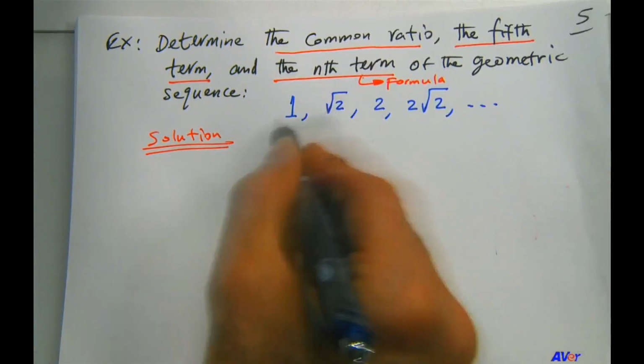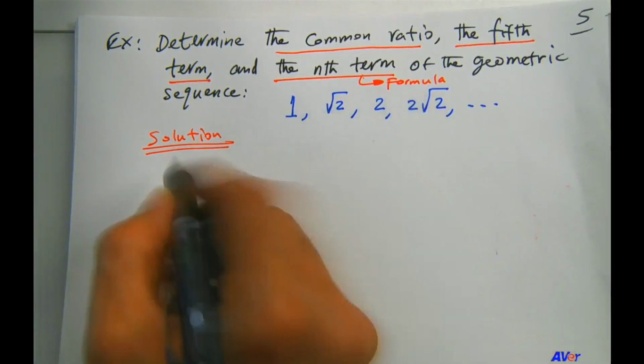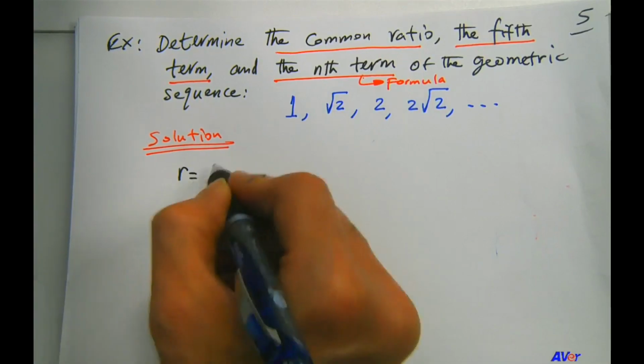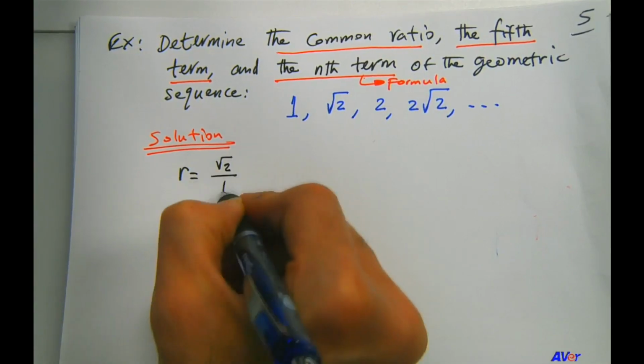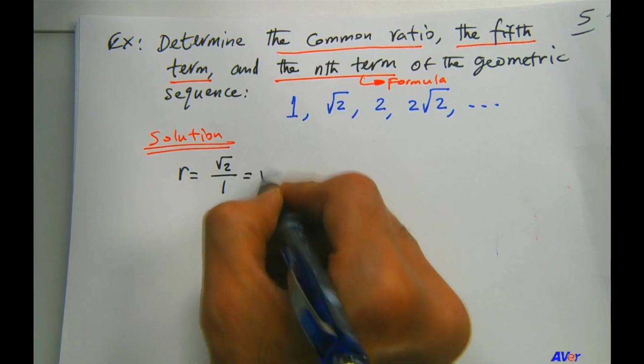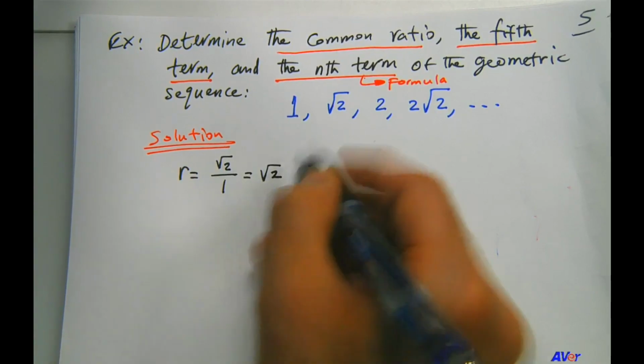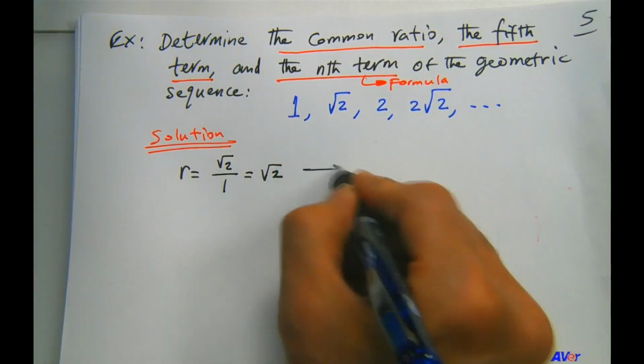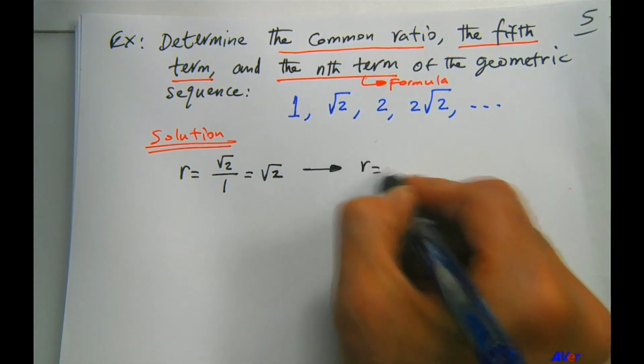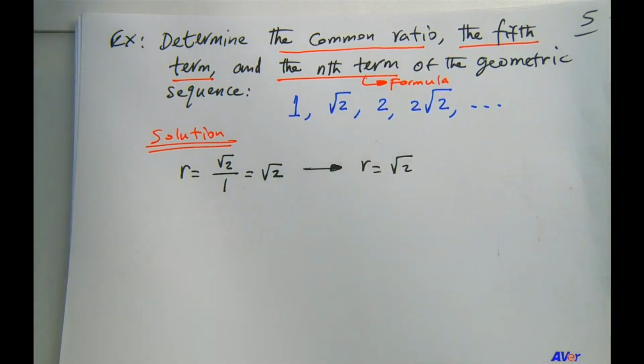I'm just going to take the easiest numbers here. R would be square root of 2 over 1, or square root of 2. So this is the common ratio. R is square root of 2. Okay, so that is that.